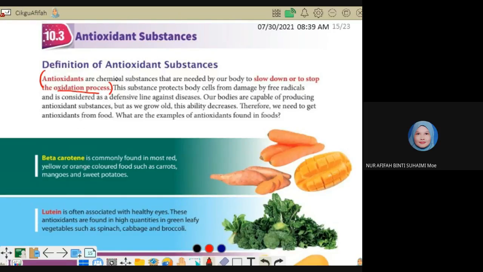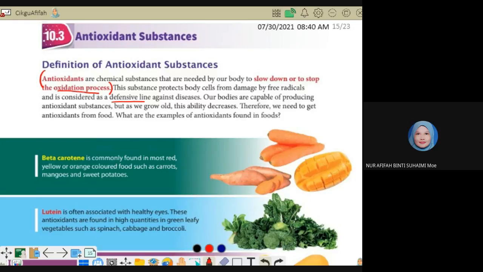So this antioxidant substance will protect our body cell from damage by free radicals and considered as defensive line against disease. Okay. Actually, our bodies are capable of producing antioxidant substance, but as we grow older and older, the ability to produce antioxidant is decreasing.